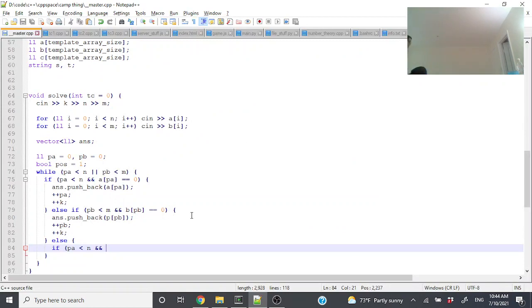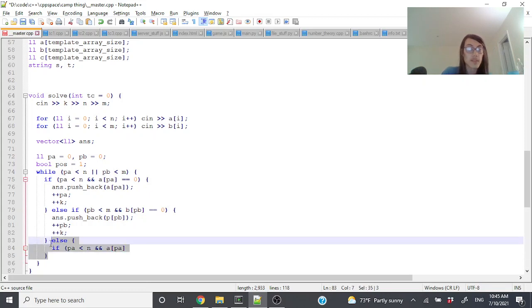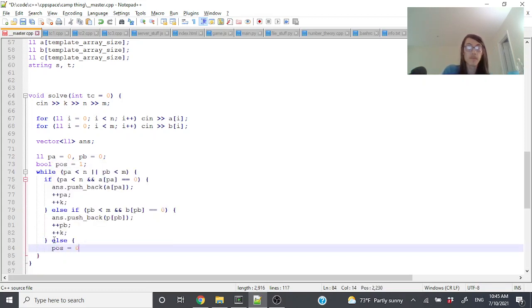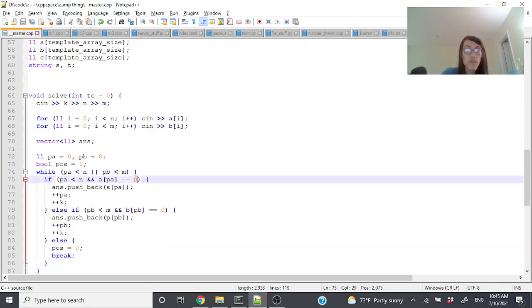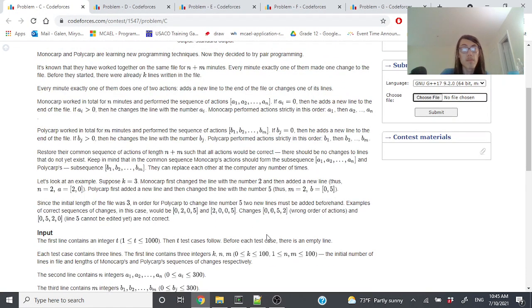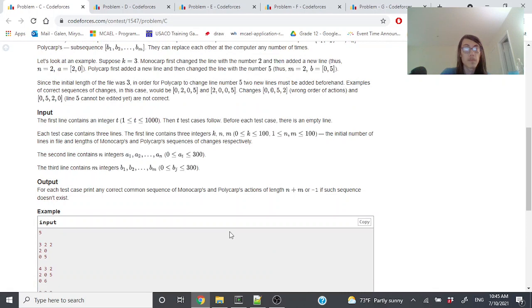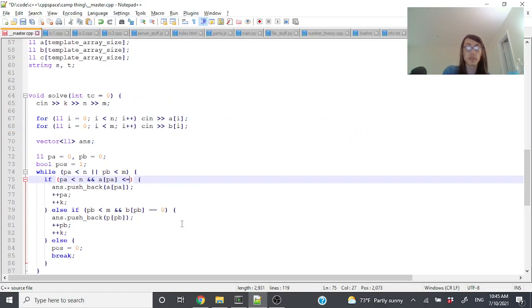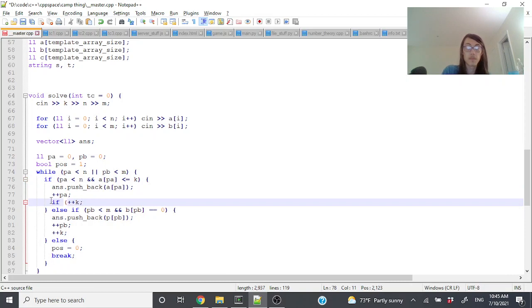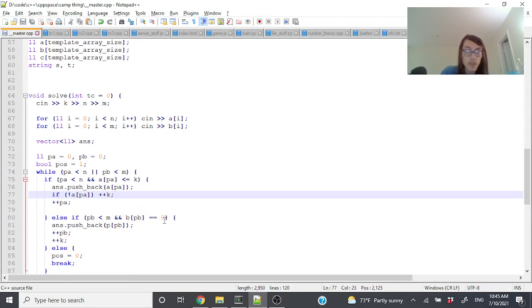It doesn't really hurt to do greedy, because doing an operation doesn't really hurt us. PA is less than N and what? And A, PA. Oh, wait, actually, it's just this. It should be less than or equal to K. Yeah, this should be easier.